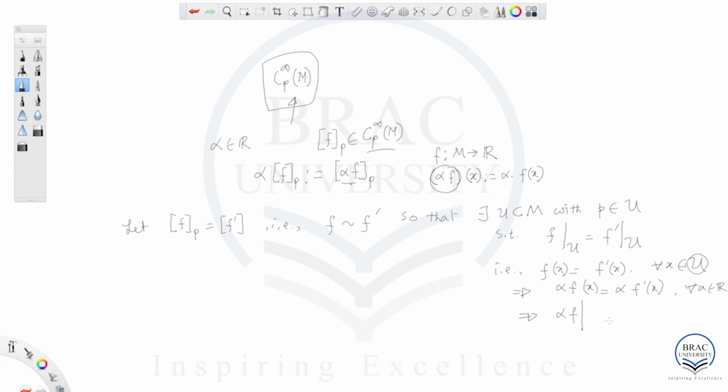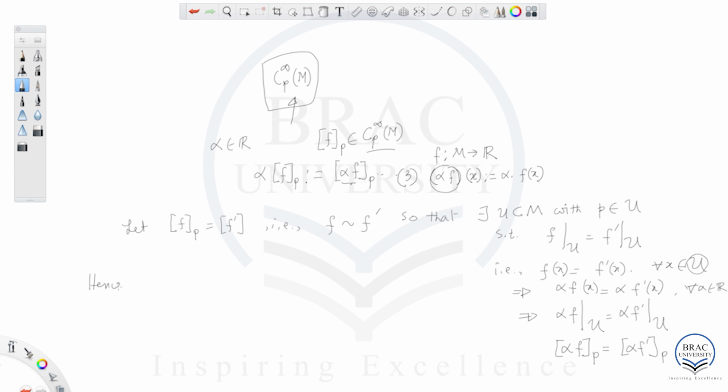Alpha f restricted to U agrees with alpha f prime restricted to U, which means that indeed they belong to the same equivalence class. Alpha f sub p is equal to alpha f prime sub p. Good. So let me number this with 3. So it means that this equation 3 is also well defined.